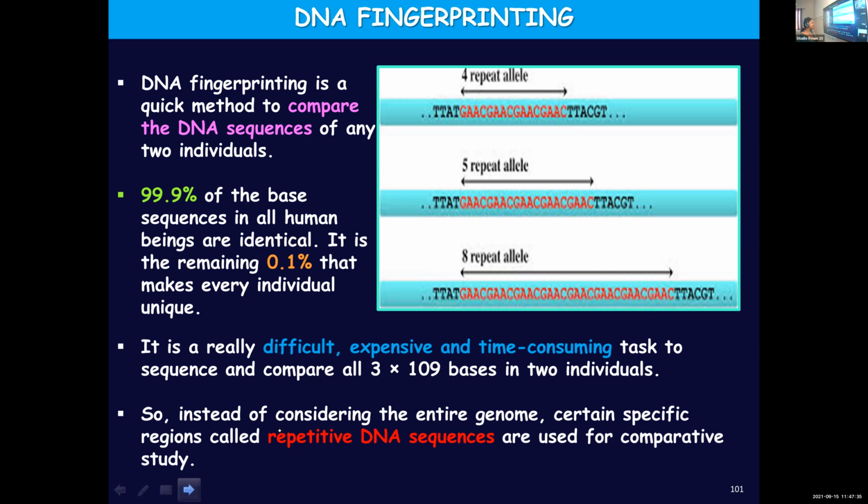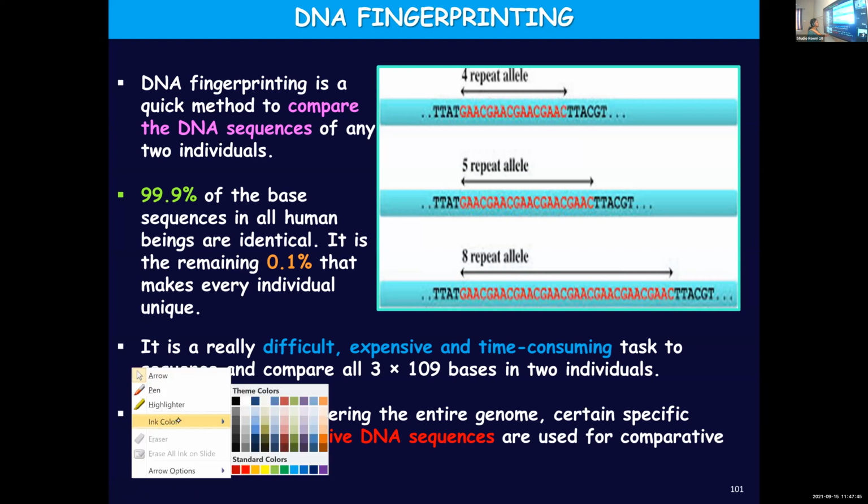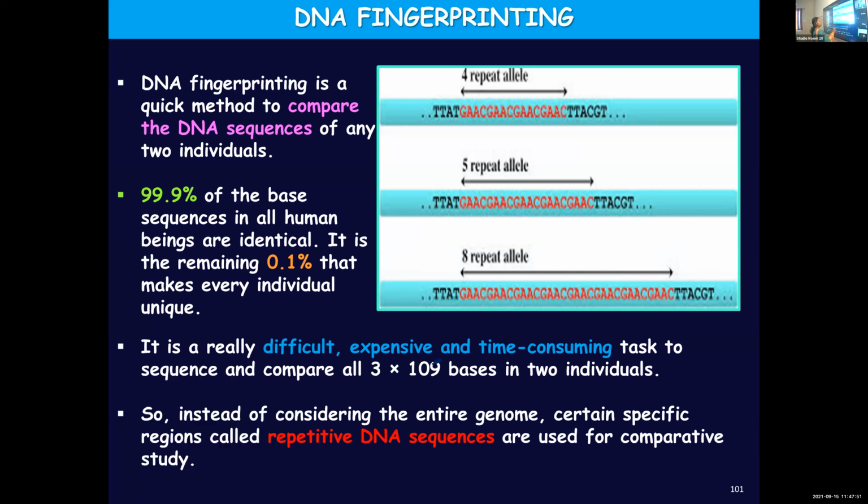It is a very difficult, expensive, and time-consuming process to sequence and compare. You know that we have 3 into 10 raised to 9 bases.